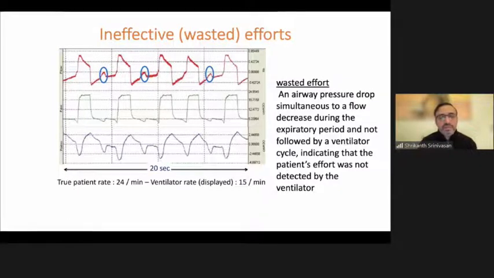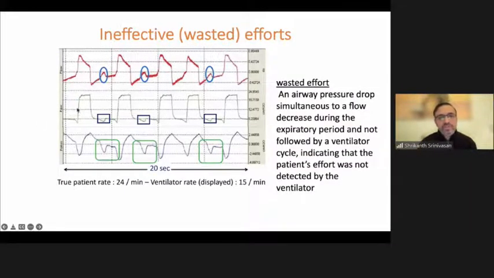Whenever the patient takes a breath, it manifests in the form of a negative deflection in the esophageal pressure waveform. This, if you have an esophageal manometer in place, will tell you that the diaphragm has shown some kind of a contraction and the patient desires a breath to be delivered.